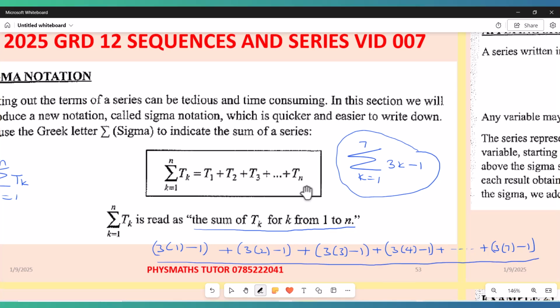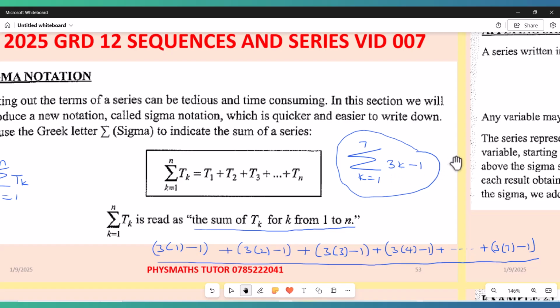That's what we mean. So are we together now? Yes, sir. Okay, so let us proceed with the examples to make it more understandable. What you see as Tk, we call the general term. It could be for an arithmetic series, or for a geometric series.